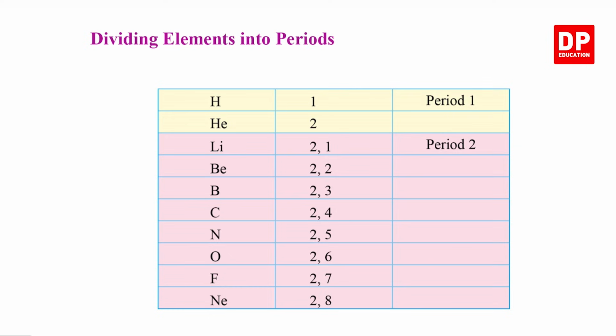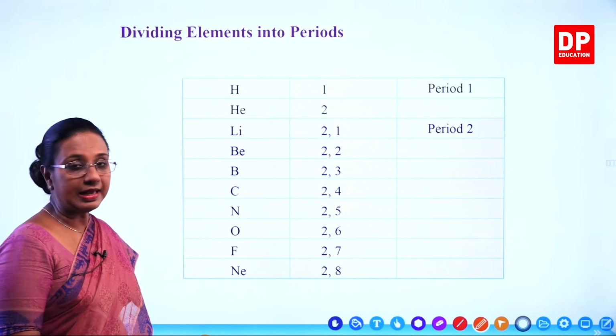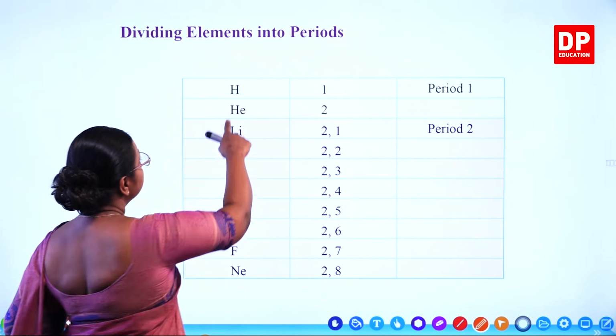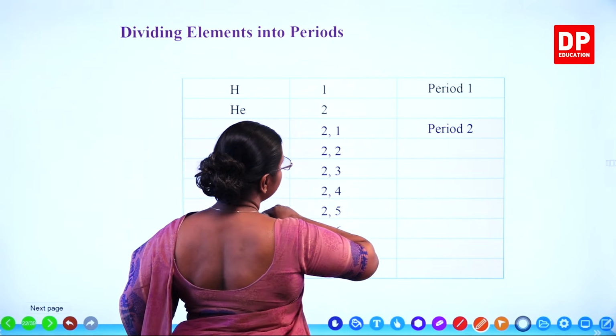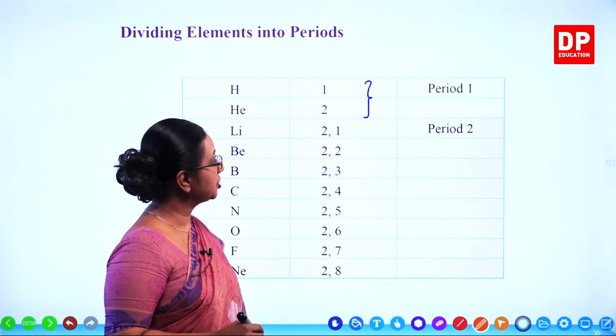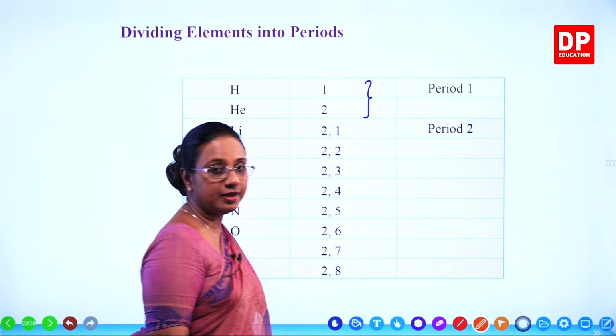Here you can see these are the elements in ascending order of atomic number and how they have been classified into different periods. So the first two elements, hydrogen and helium, because they have electrons only in the first shell, they go to period 1.